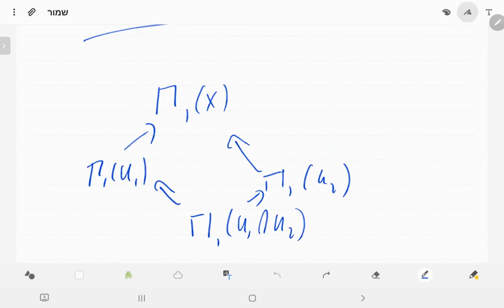And we want to prove that this is a push out. Let's say it's not the push out, but we have here the push out. And we remember basically by definition of push out that there exists a unique up to something map like this, such that this diagram is commutative.